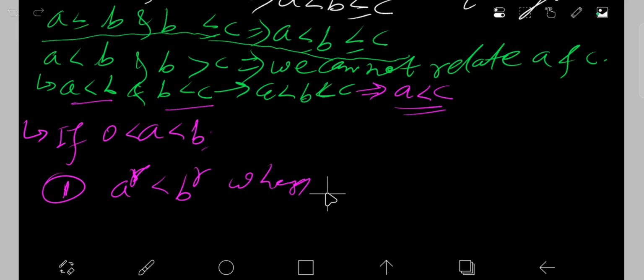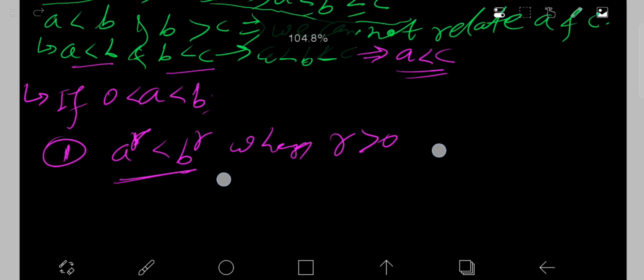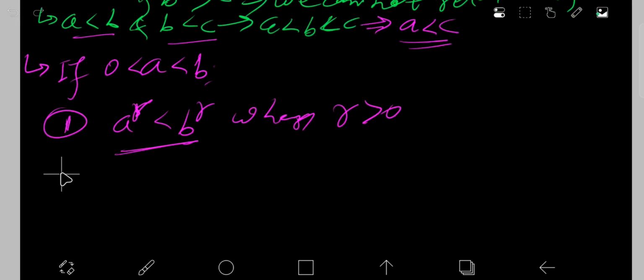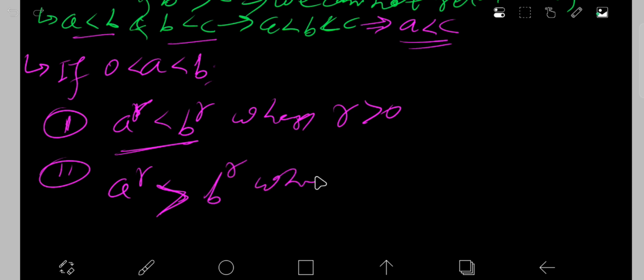When this is satisfied, if r is positive, fine, and if r is negative, then this inequality changes. If we take a to the power r greater than b to the power r, when this condition holds, if r is negative, then this inequality is changed.